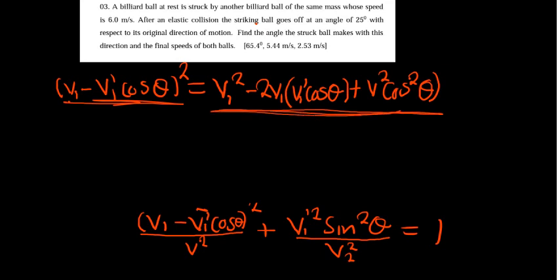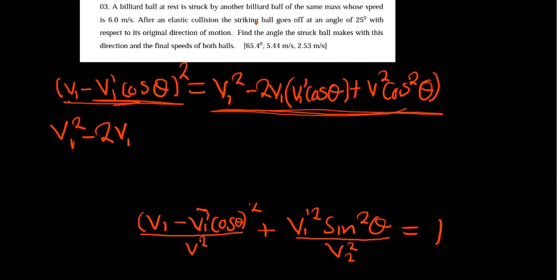I'm going to keep this and replace it here. So we're going to say v1 squared minus 2 v1 initial.